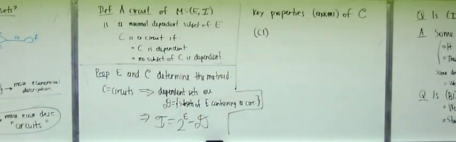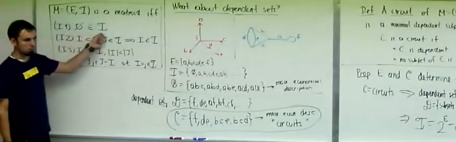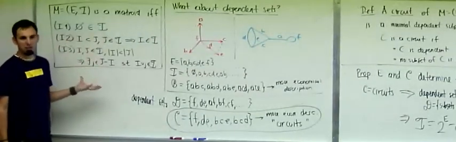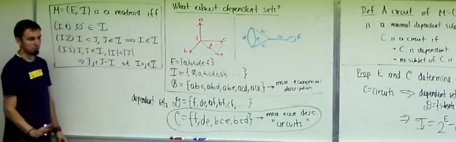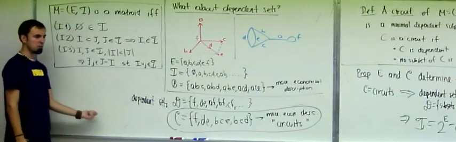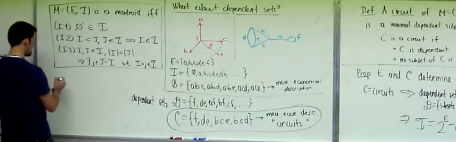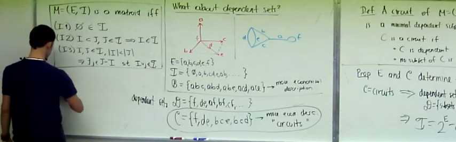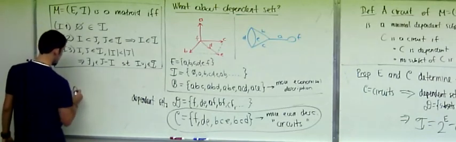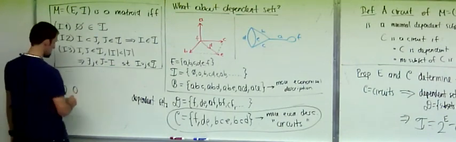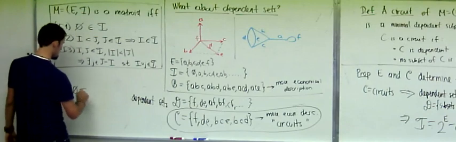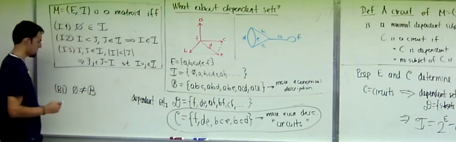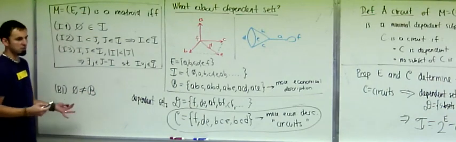So the first thing you might decide is, okay, what was the first axiom of this definition? That the empty set is independent. In other words, this is kind of a non-triviality thing that says, okay, at least the empty set is independent. There are some independent sets there. What was the first axiom for bases? We once said that there was at least one basis. So again, it's a non-triviality condition that says there's something to this matroid.